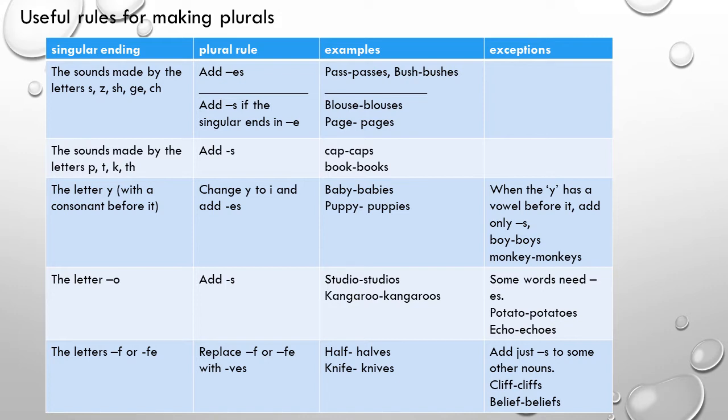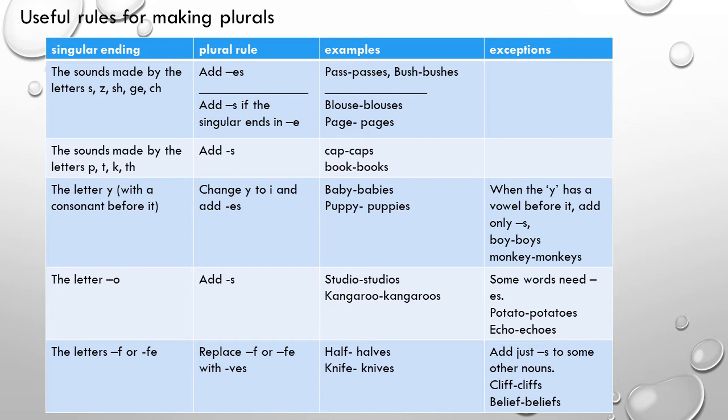Then comes our next rule, the letter O. What would we do if the singular endings are with the letter O? Then we will add only S. For example, studio into studios, kangaroo into kangaroos. Here we have simply added S, not ES, not IES. So exceptions are also there. Some words need ES.